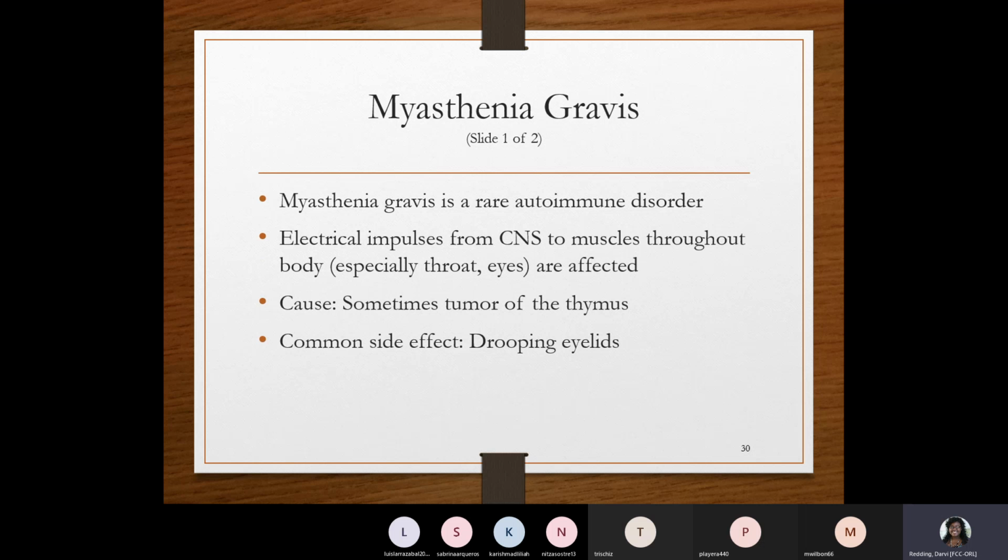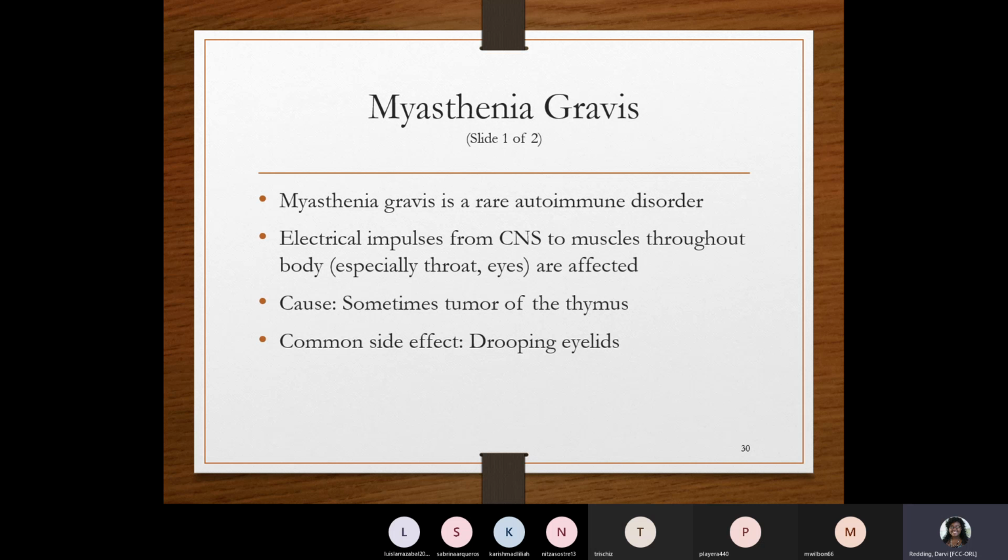So with this particular condition, it's a rare autoimmune disorder. It affects the electrical impulses from the CNS to the muscles throughout the body, especially having an effect on the throat and the eyes. Those are the main two that are affected. Now, the cause of the myasthenia gravis is sometimes there's a tumor in the thymus, and so one of the common side effects of a person having this condition would be a drooping eyelid.